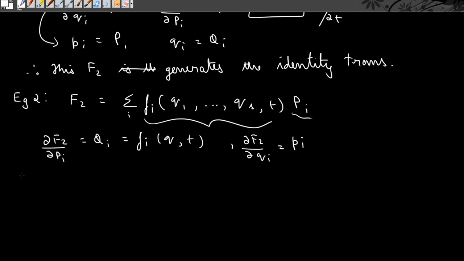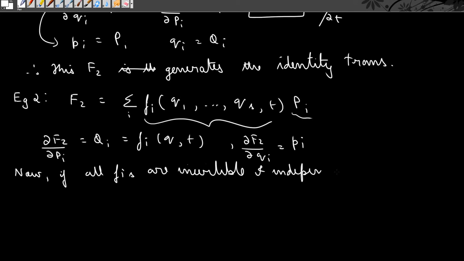Now if all our f_i's are invertible and independent, then this gives us the point transformation.